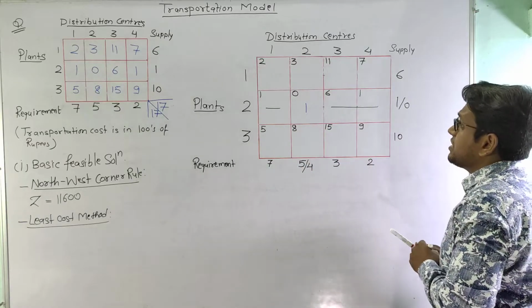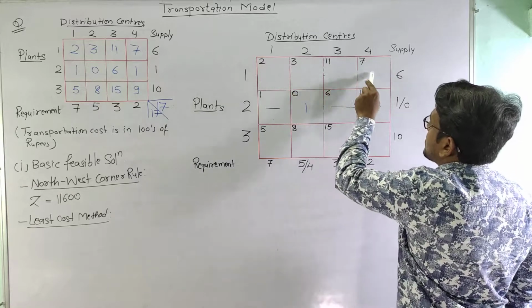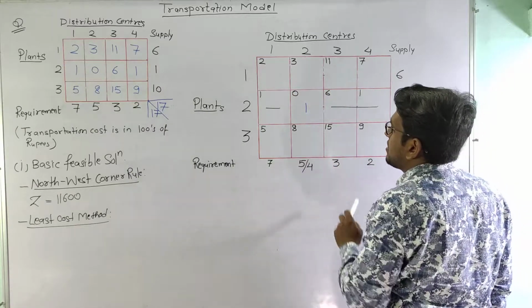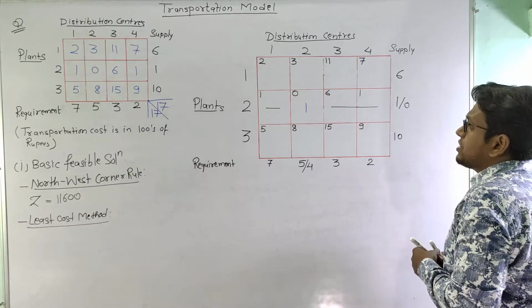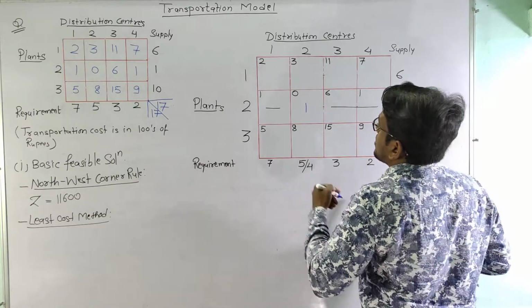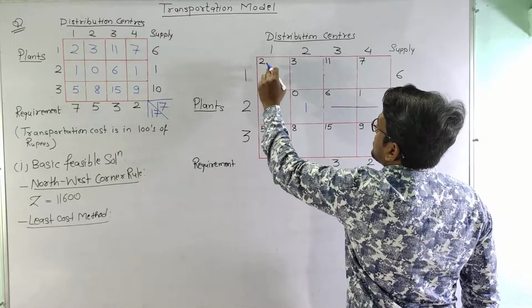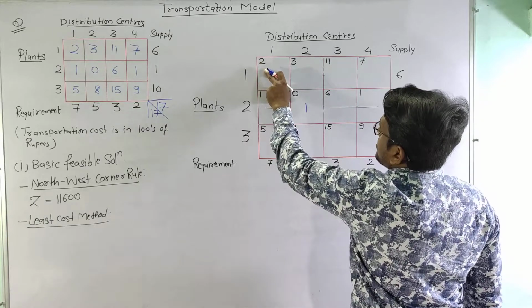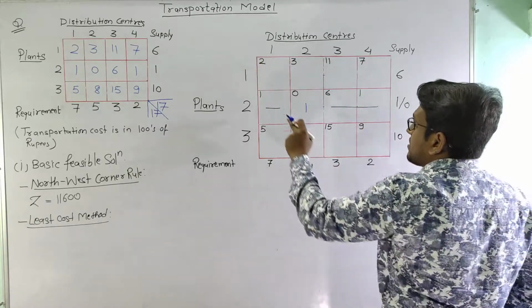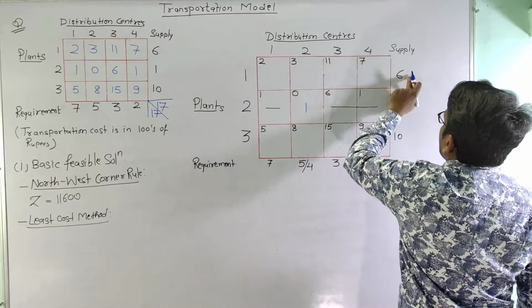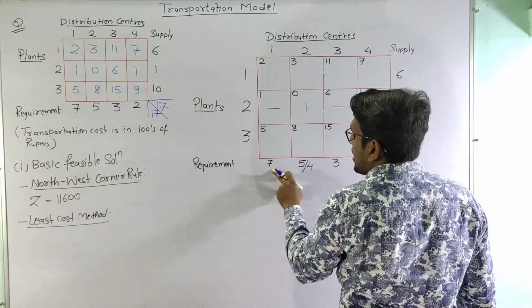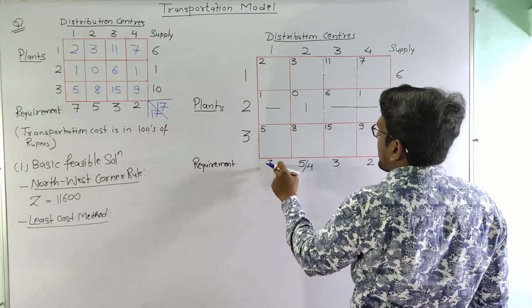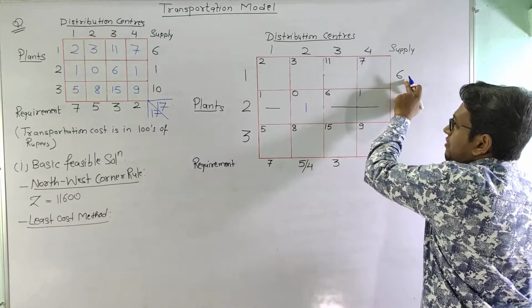Now from the remaining eligible cells, we need to select the minimum transportation cost. Here we can see that cell 1 is having the minimum transportation cost, that is 2. Plant 1 has the supply of 6 and distribution center 1 has the requirement of 7. That means out of 7, 6 can be fulfilled.